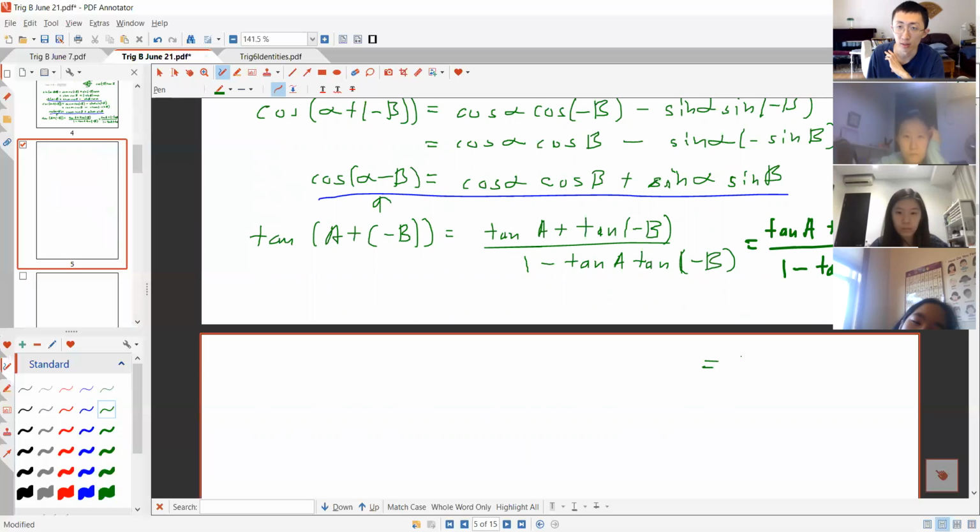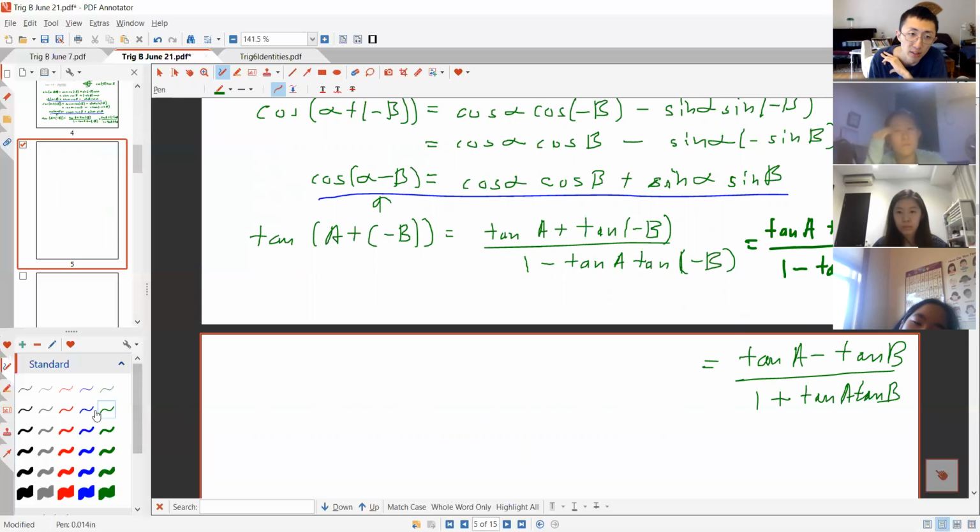So this is tan A minus tan B over, and then two negatives, 1 plus tan A tan B. Yeah, so here notice that both signs switched. This became negative, whereas the minus sign became a positive. But otherwise it looks the same.